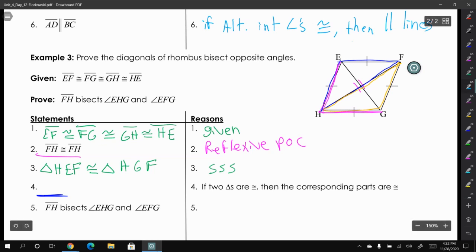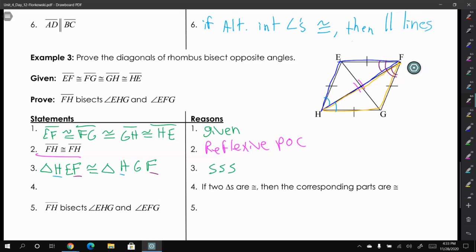And angle EFG is this big angle up here. Okay, that whole thing. We know now that because we have the blue triangle congruent to the yellow triangle, these two angles at H are congruent because H is first in both of my congruent statements, and angle F in both triangles are congruent because F is last in our congruent statement.